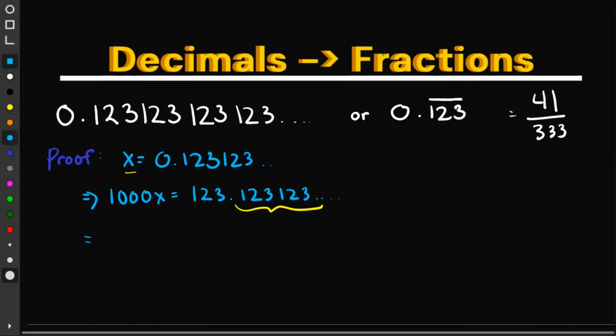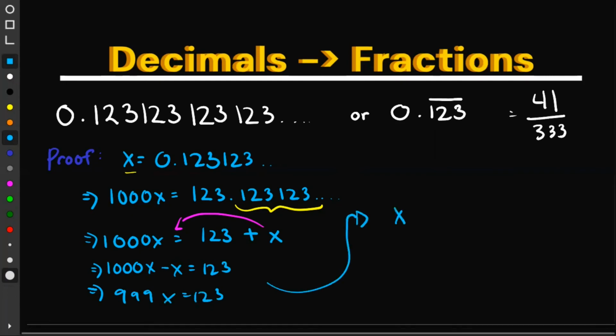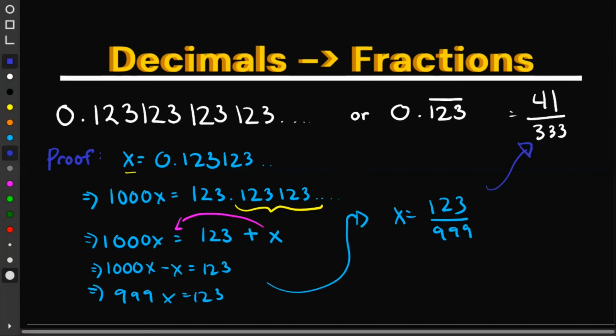So we can write this as 1000x equals 123 plus x. Moving this x over gives us 1000x minus x equals 123, which is 999x equals 123, so x equals 123 over 999, or in simplest terms, this one. That is how the idea behind using 999 in the denominator works.